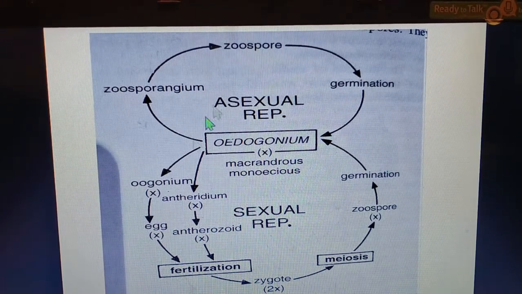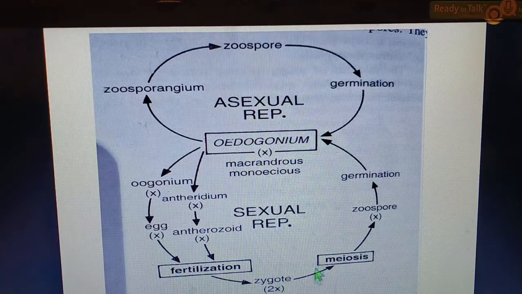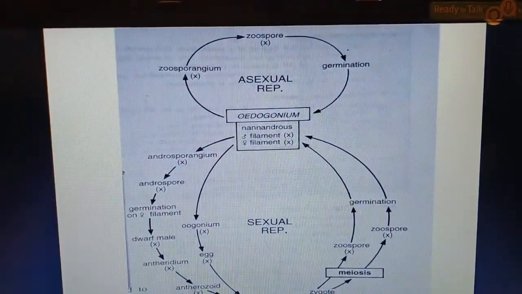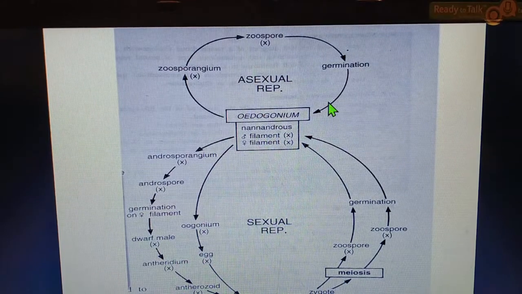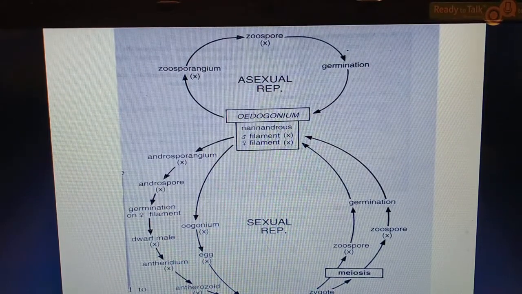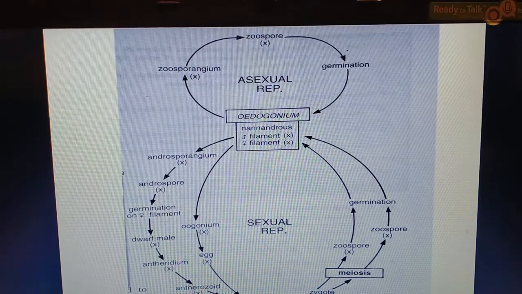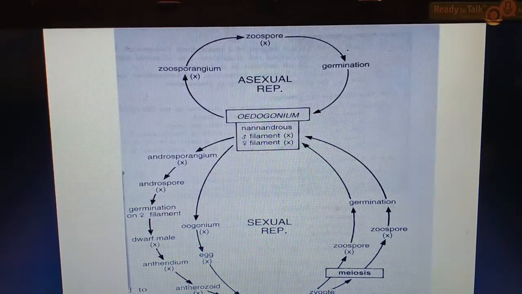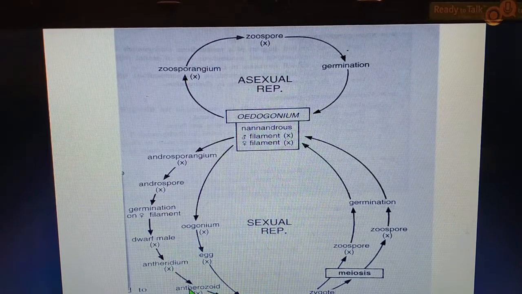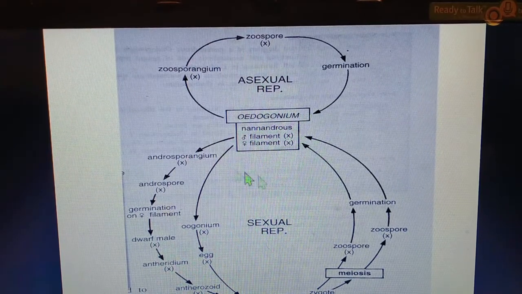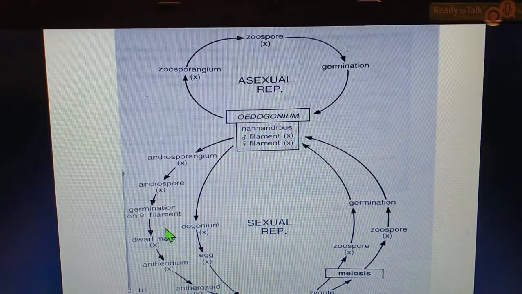Okay, remember this, that the life cycle of Oedogonium in all these three cases is haploid predominant type, because the diploid stage is short-lived. It is found only in the formation of the zygote after fertilization of antherozoid and egg nucleus. So the haploid stage is the predominant type.